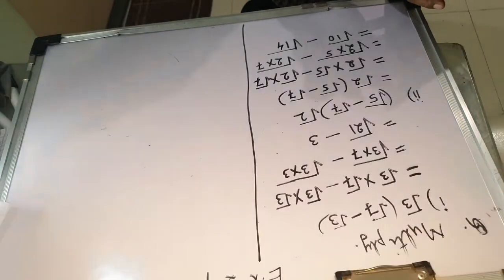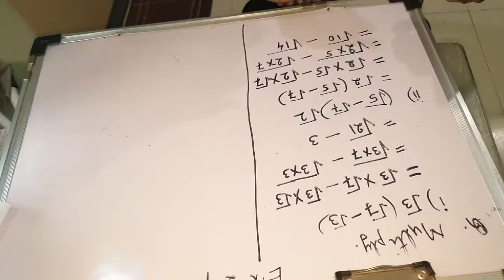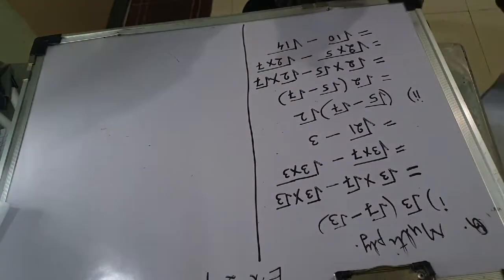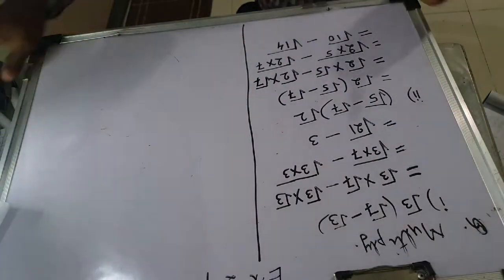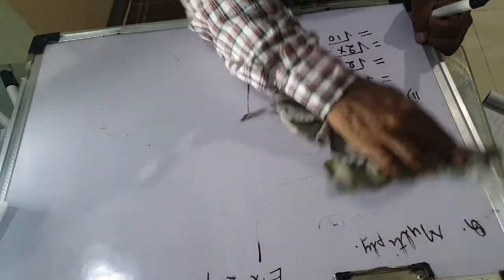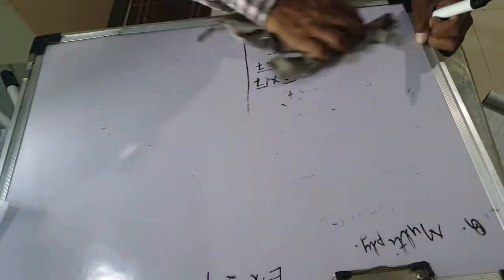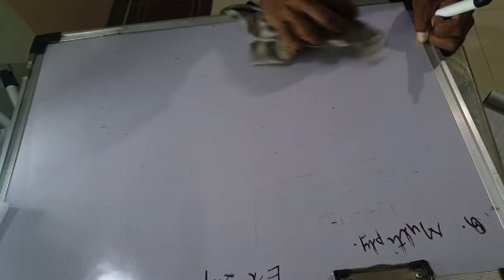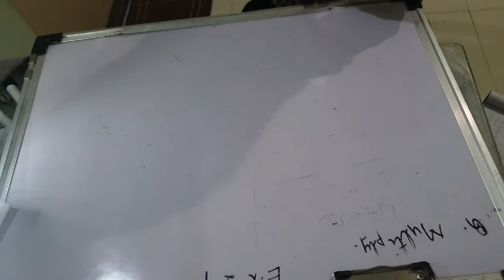Now the third one, that is the important sum. I will rub this. If you want to take the screenshot, you can take the screenshot. I will rub and write the next sum. The third one, it is somewhat bigger. That's why I am making the space clear.